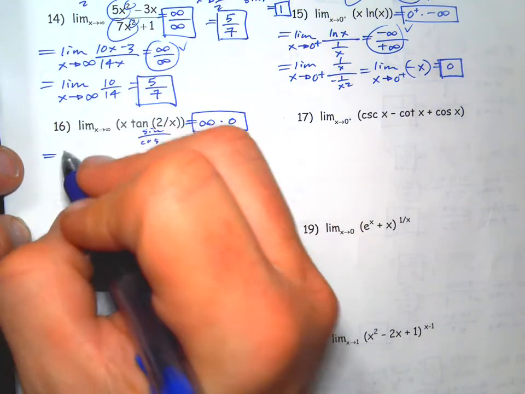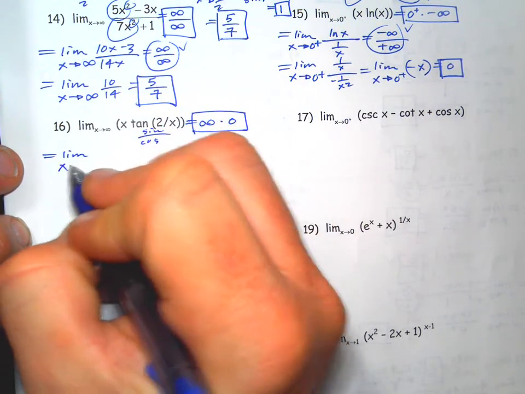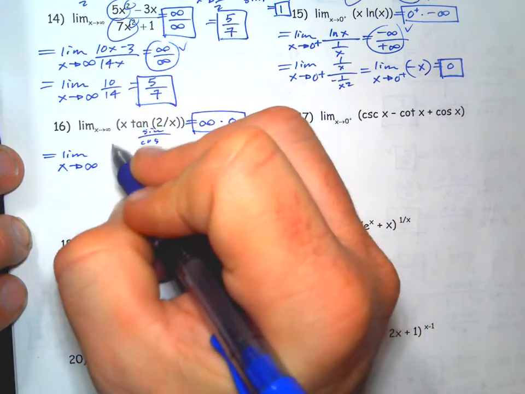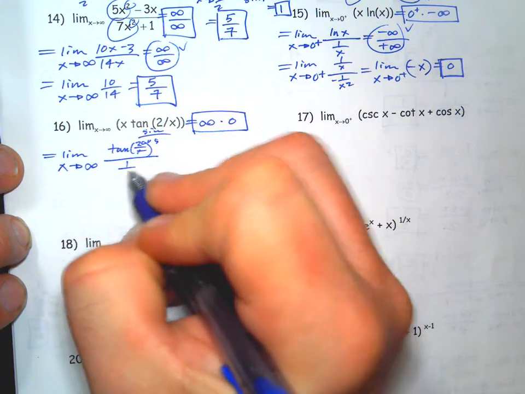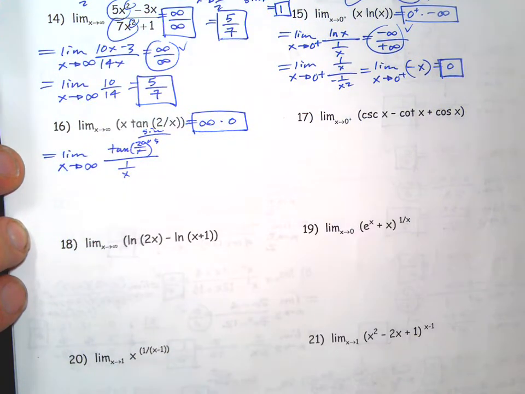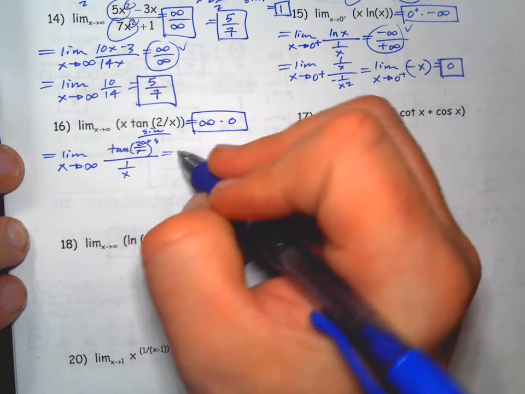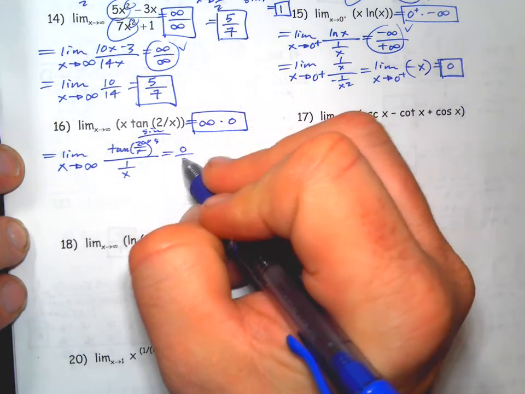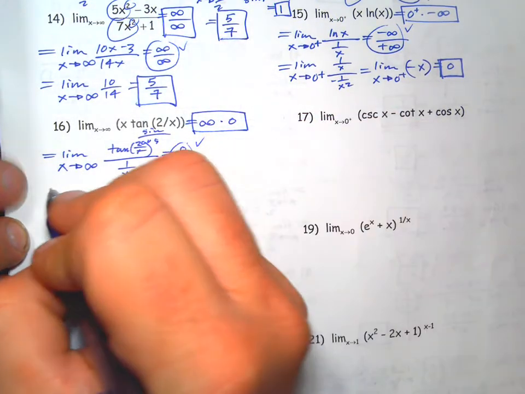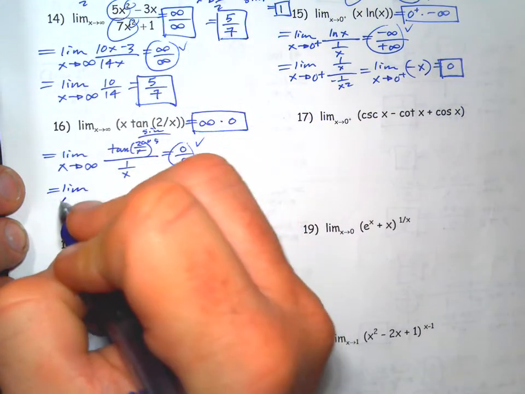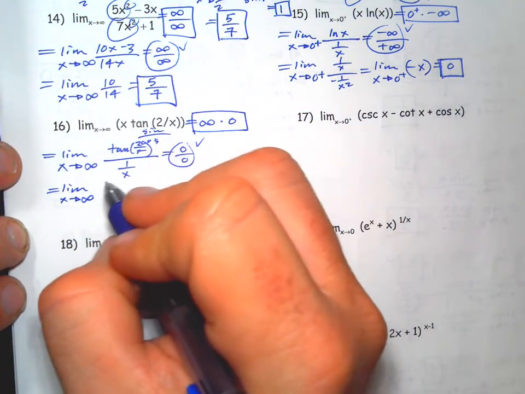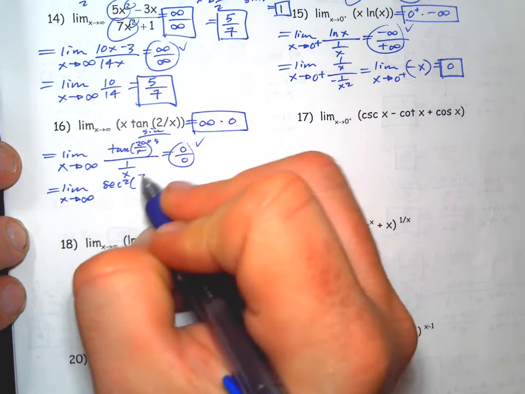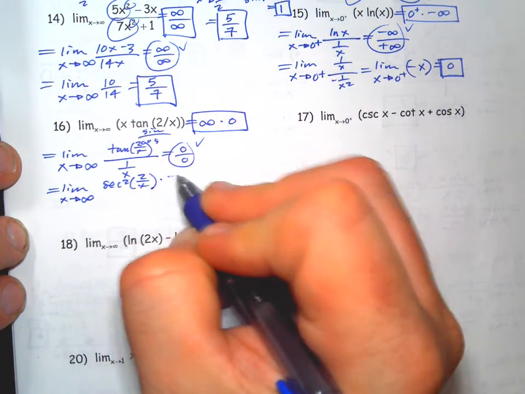So we want to get into a fraction. Now, we could do that, maybe. And here, we get 0 over 0. So then we can take the derivative of the top and bottom. So it's going to be secant squared times the derivative of what's inside, which is negative 2 over x squared.